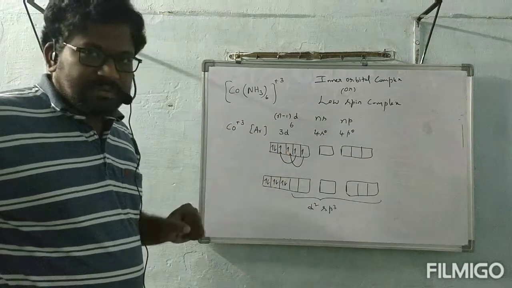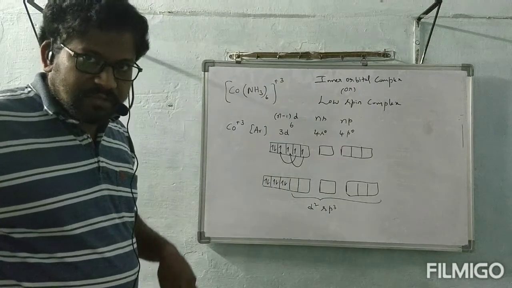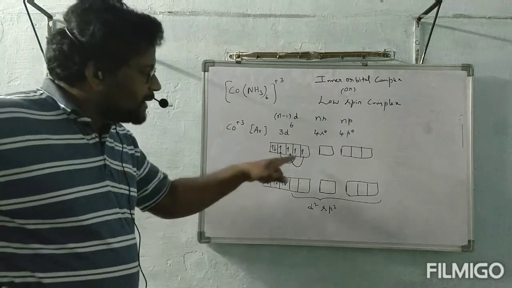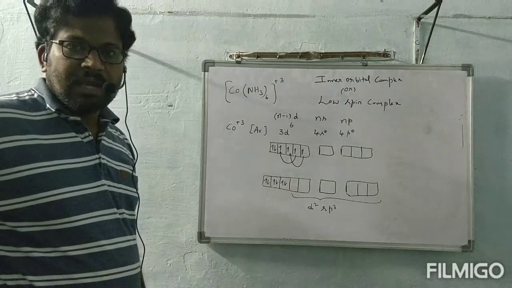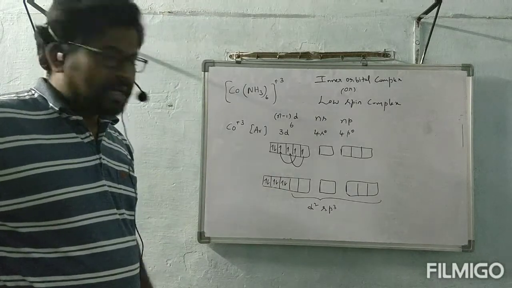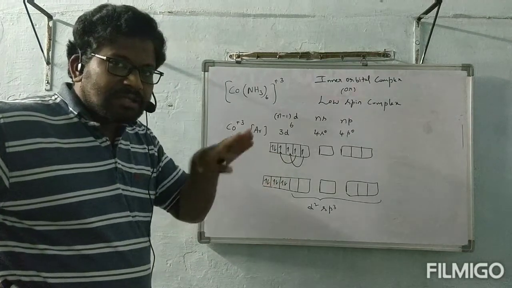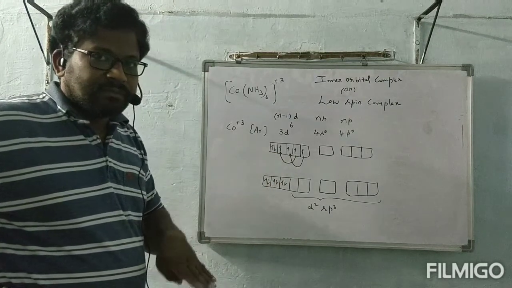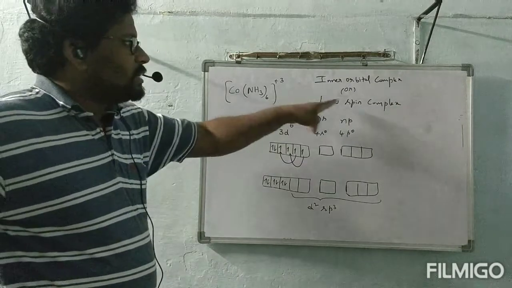Previously unpaired electrons are present, but valence bond theory explains that pairing takes place because empty 3d orbitals become available. In this pairing the spin of the electrons is reduced, so it becomes a low spin complex.